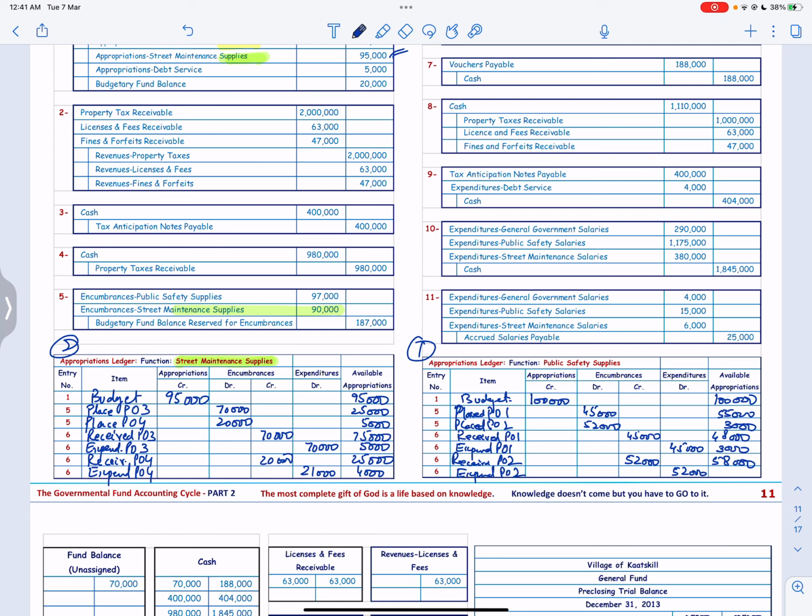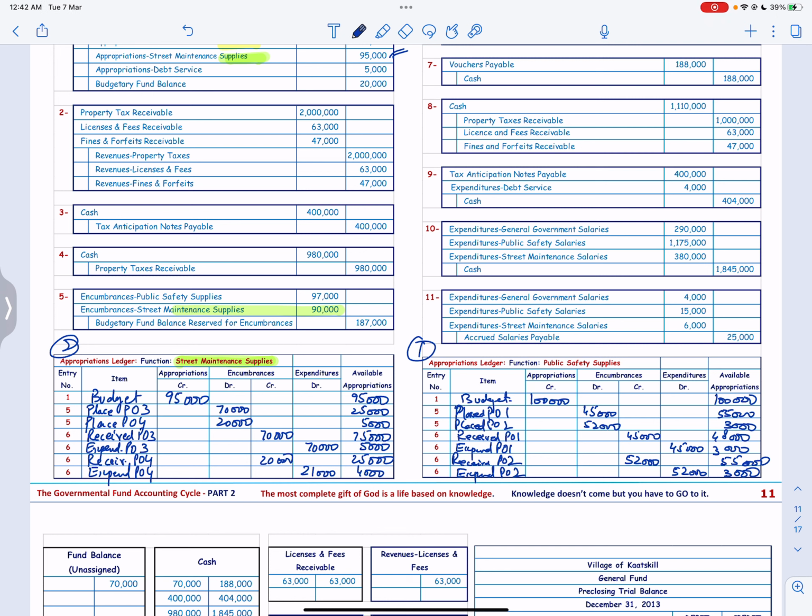So again 52 plus 3, sorry, this should be 55. 48, and this will be 3,000 and this will be 55,000 and the balance is 3,000. That is, still we have 3,000 that we can spend during the rest of the period under the heading of public safety supplies.